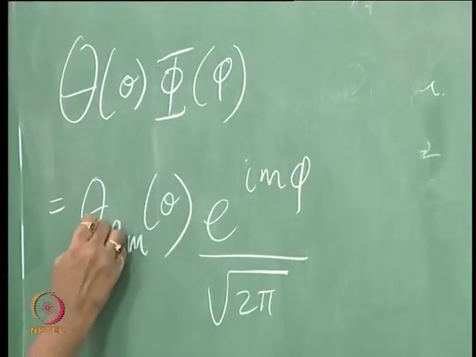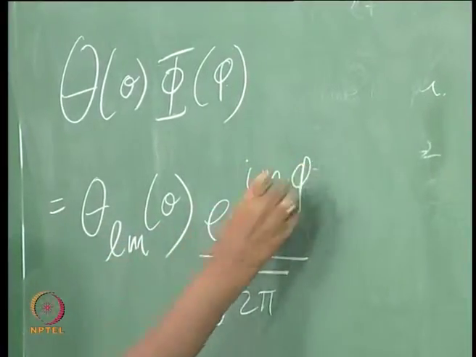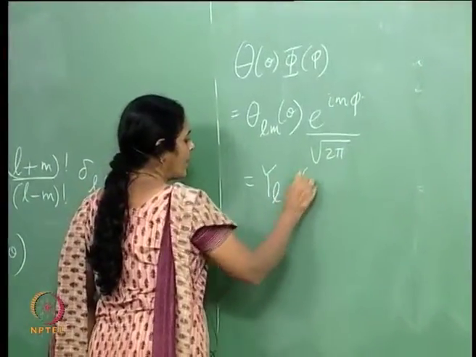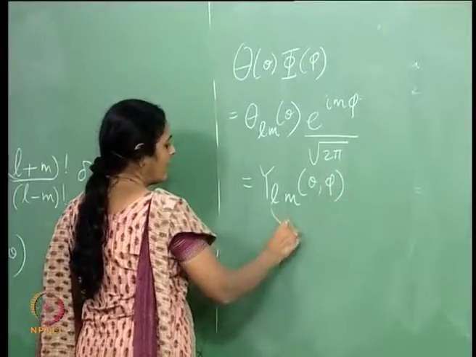And this object, theta L m of theta e to the i m phi by root 2 pi, is referred to as the spherical harmonics Y L m of theta phi.